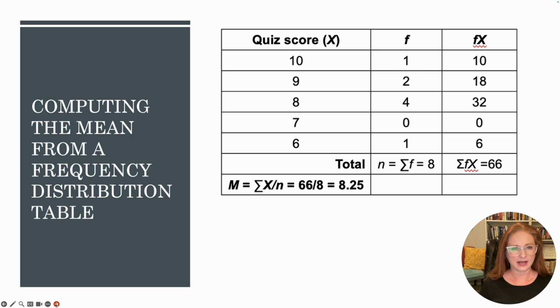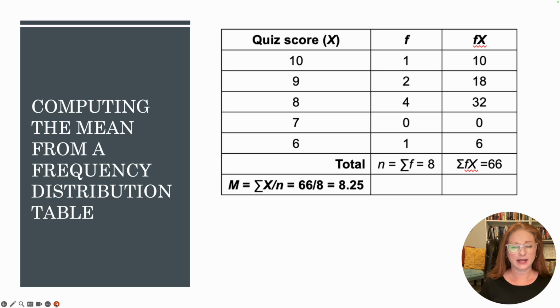Sum of f is I add up all my frequencies. Sum of f is also called n, because that's my participants.